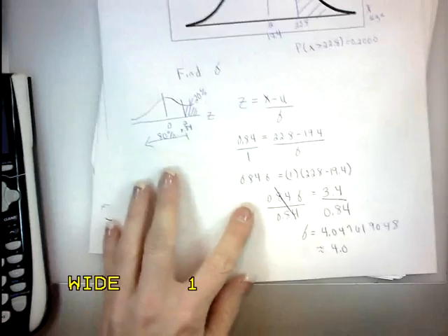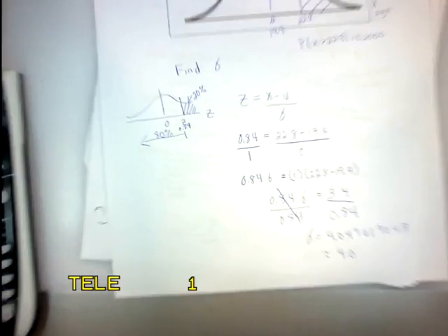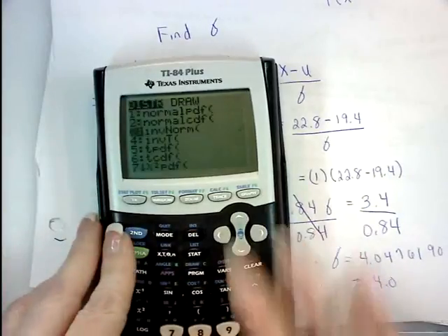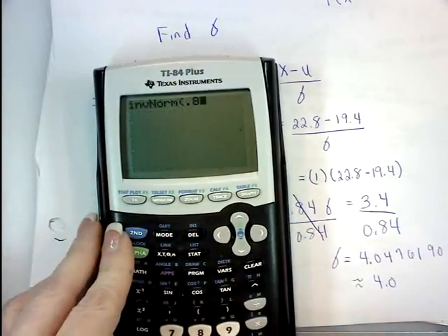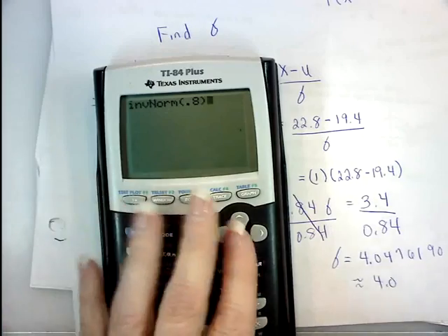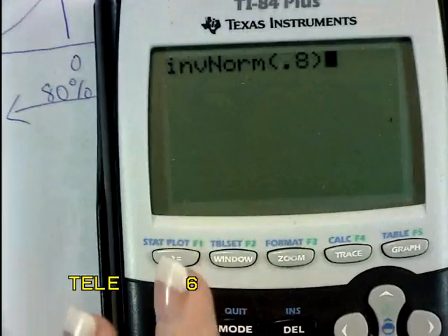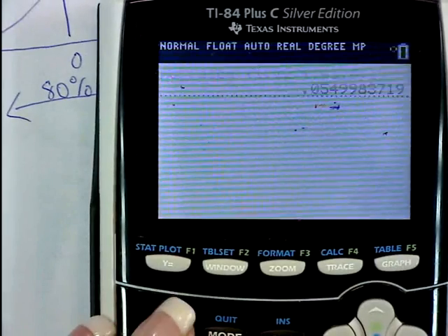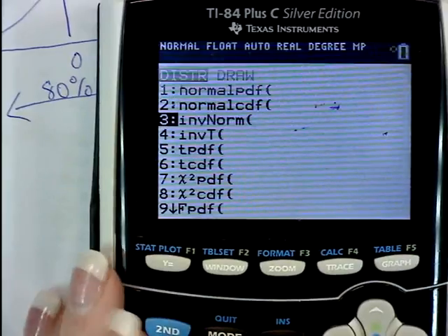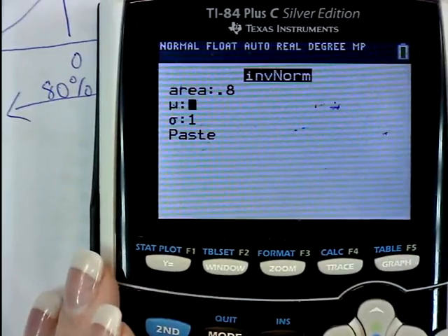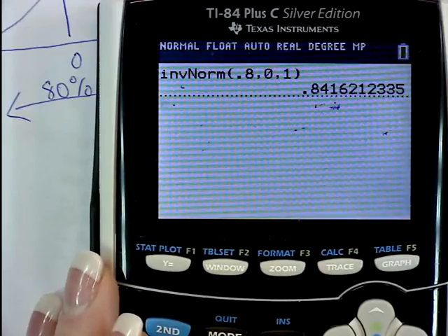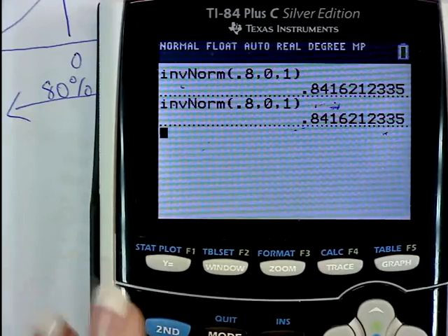Remember, if you don't want to use the z-table to find this z-score, you could put in invert the norm, 0.8. This is the older edition of the calculator. And you get 0.84 for your z-score. With the new edition, you would do invert the norm, 0.8, mean is 0, standard deviation is 1, and paste. 0.84 is the z-score.